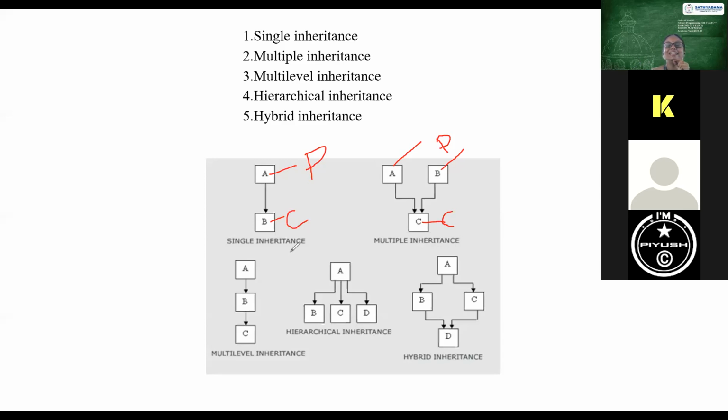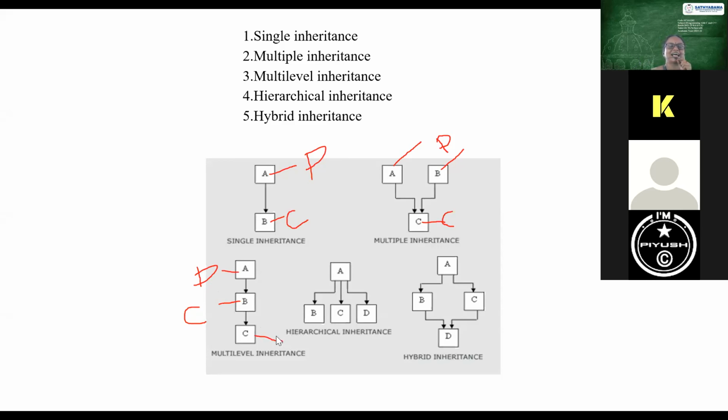Multi-level inheritance. What is multi-level inheritance? A is the parent class and B is the child class.